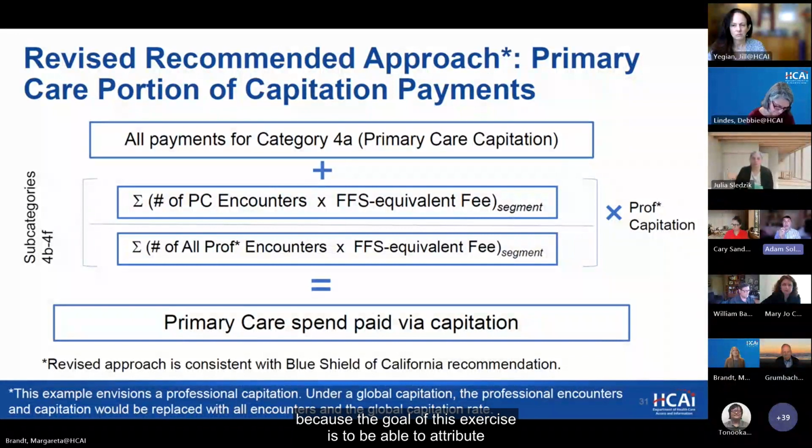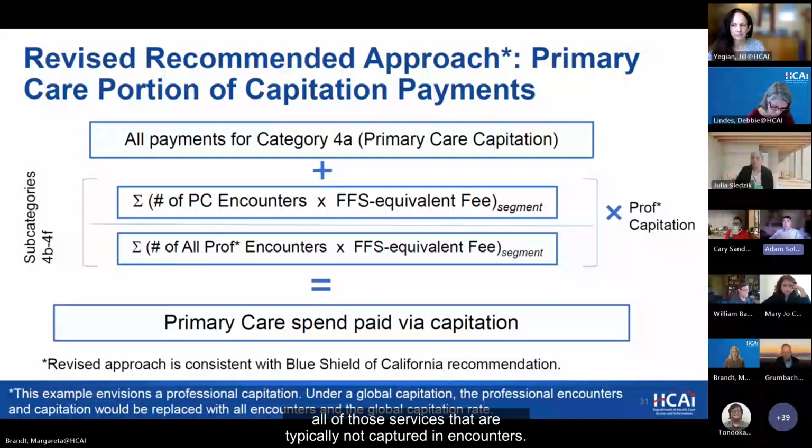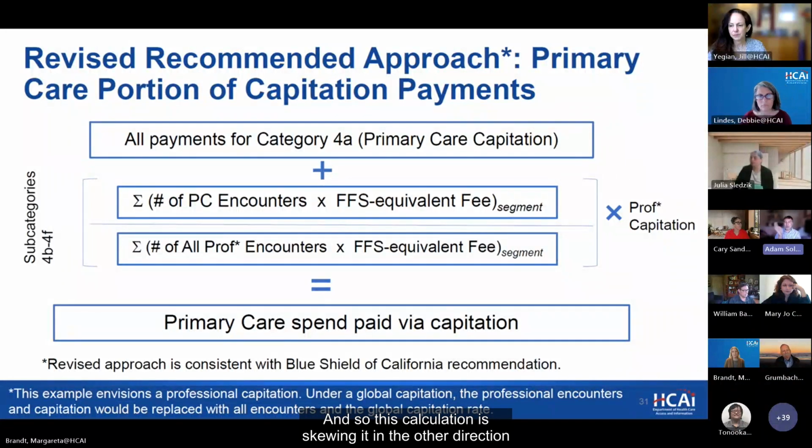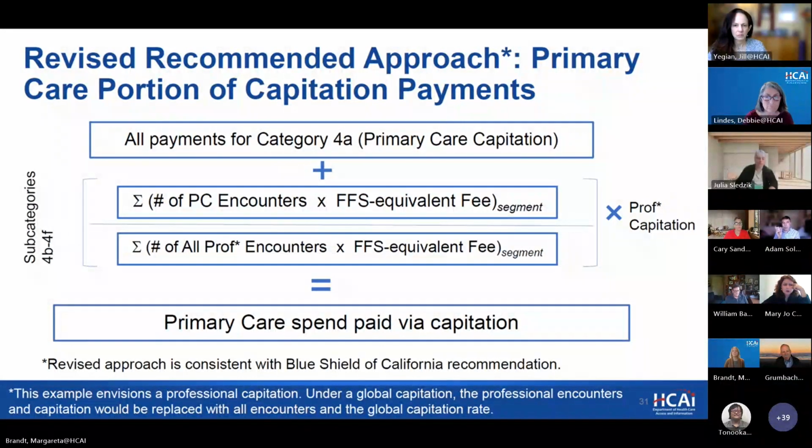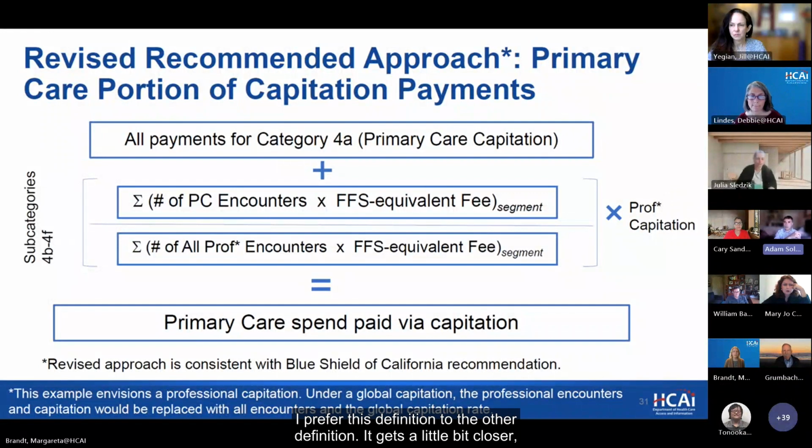The goal of this exercise is to attribute this non-claims funding towards services typically not captured in encounters, and this calculation skews it in the other direction and doesn't recognize that value. I prefer this definition to the other definition. It gets a little bit closer, but that is my concern.